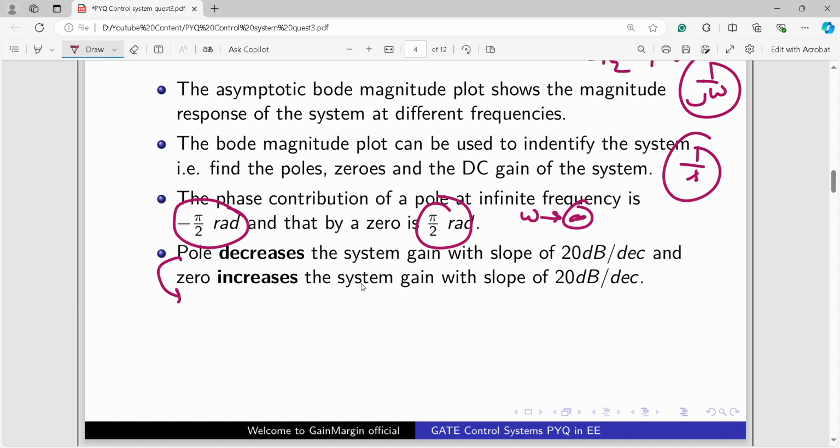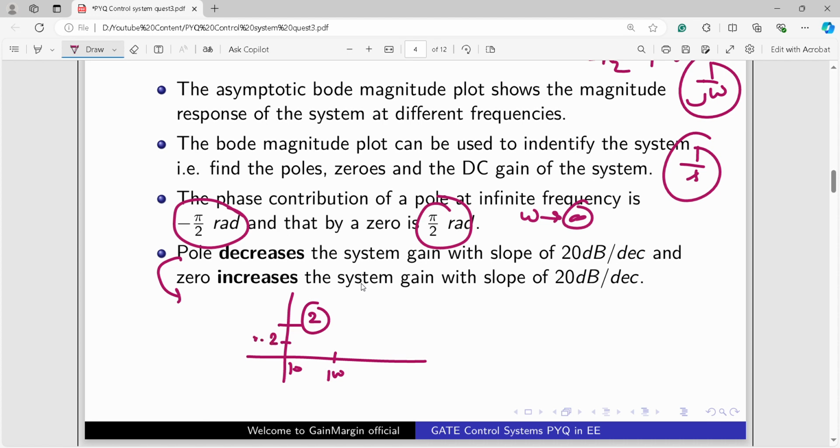What does that mean actually? For example, at this point the frequency is 10 and the gain is 2. If you go a 10-fold, meaning 100, meaning 1 decade, then the gain is 0.2.